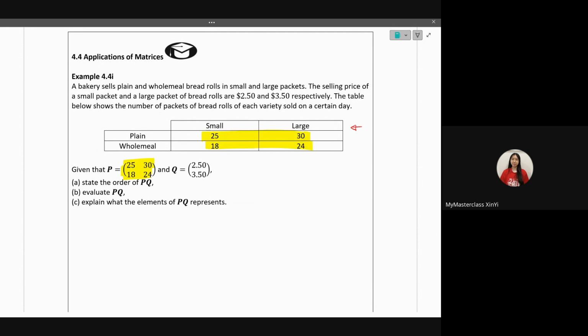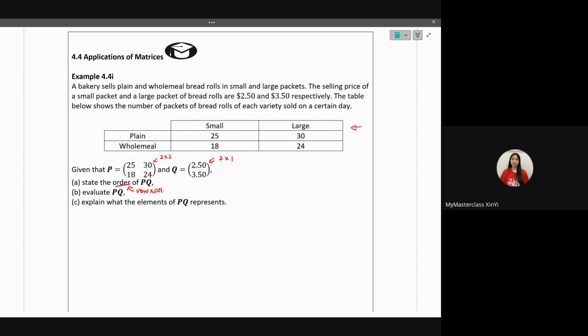And this matrix Q is basically the selling price. State the order of PQ. So the matrix multiplication of PQ, what is the order? Remember, order basically means the rows times the columns. First, your P is a 2 by 2 matrix, and your Q is a 2 by 1 matrix.